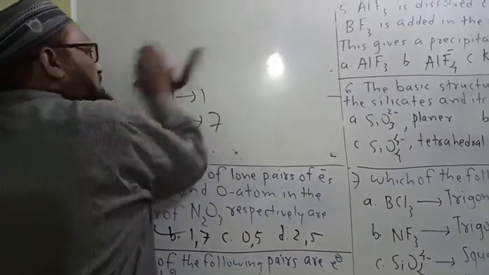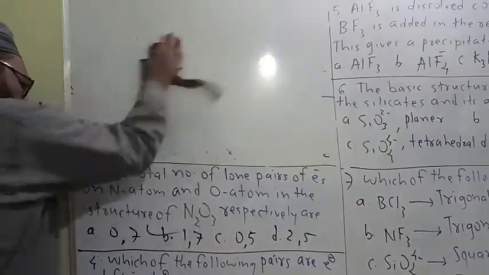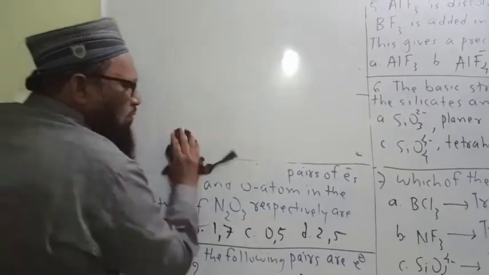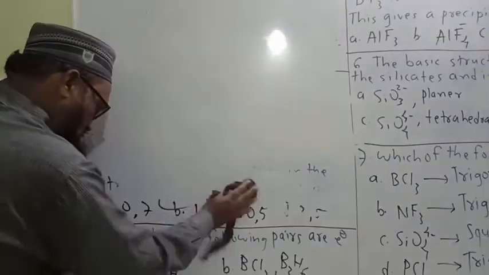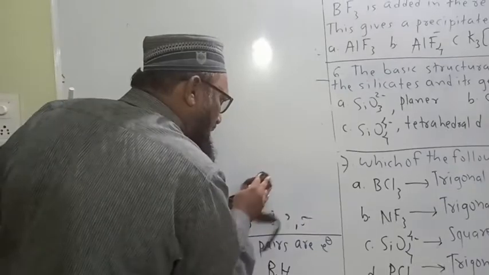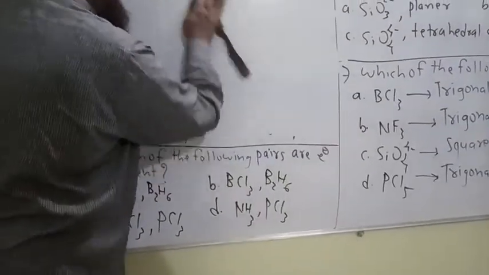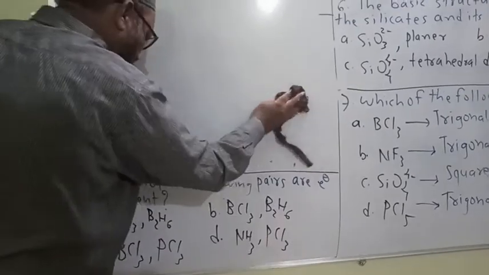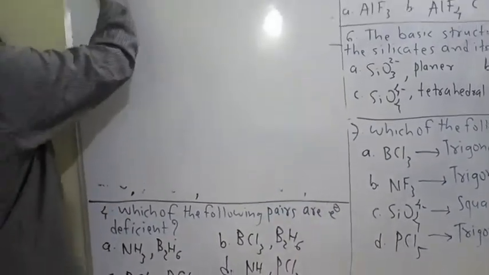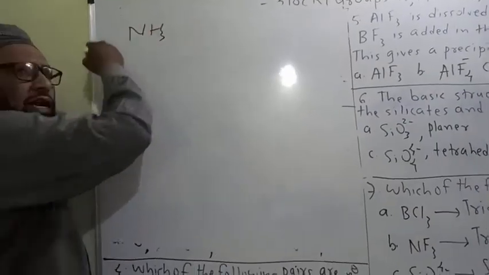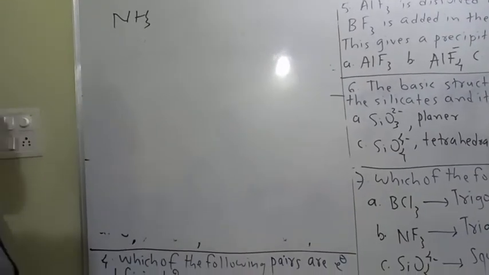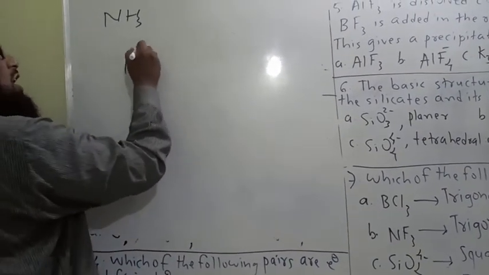Next question is about which of the following pairs are electron deficient. That means electron pair acceptor, Lewis acid, deficiency in electron. NH3, nitrogen atomic number 7, shell-wise distribution 2, 5, 5 valence electrons.